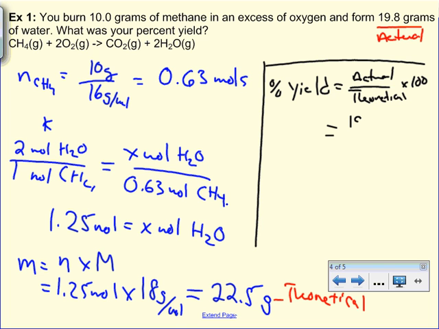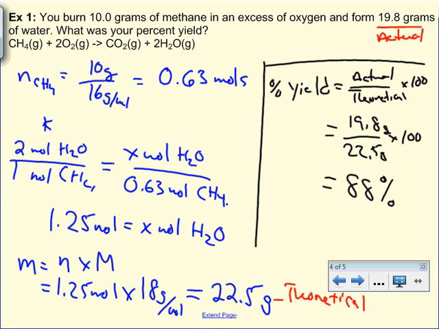So 19.8 grams over 22.5 grams times 100, and that gives me 88% for that particular reaction. So not a bad reaction, 88%, 19.8 out of a possible 22.5 grams, pretty good.